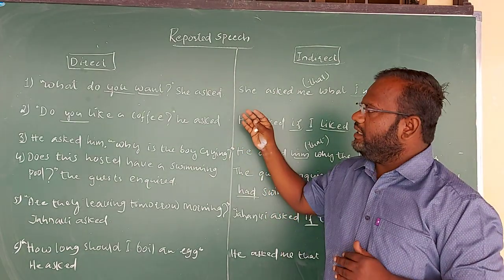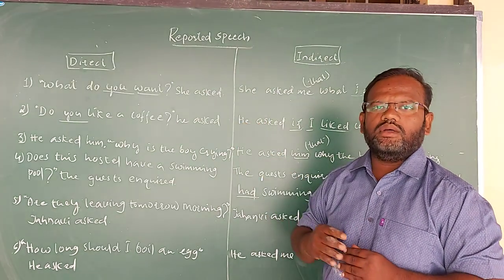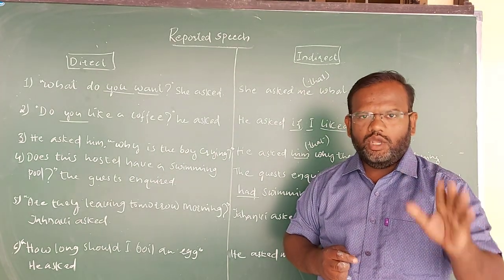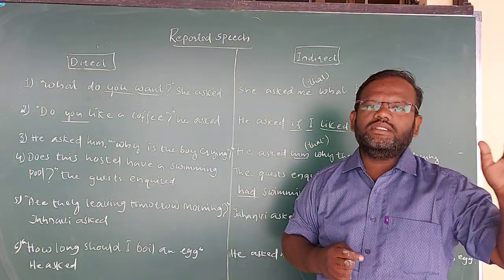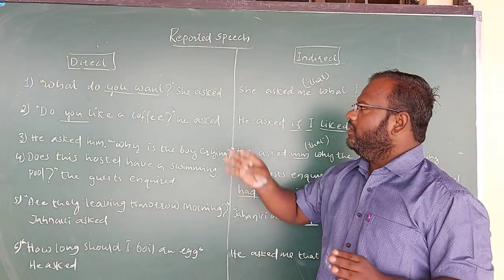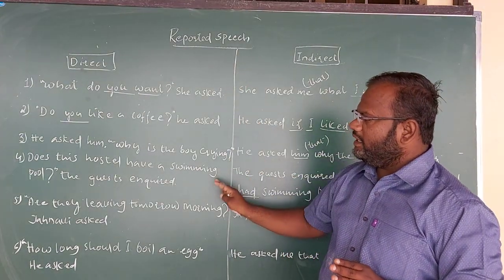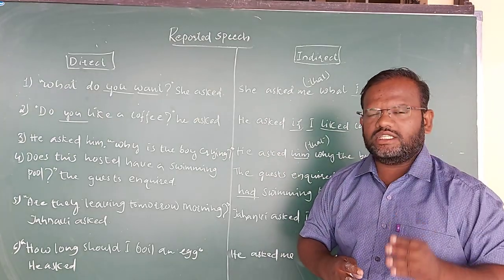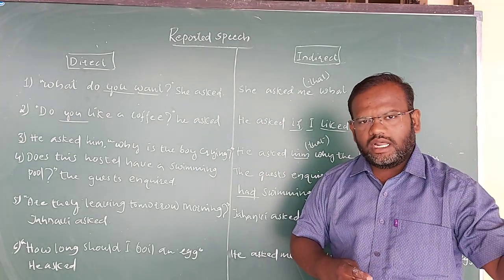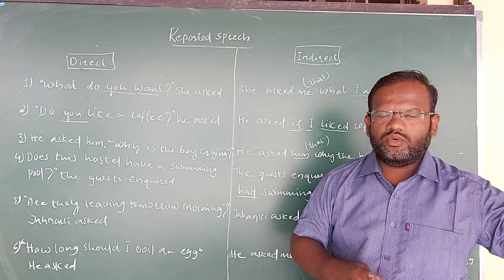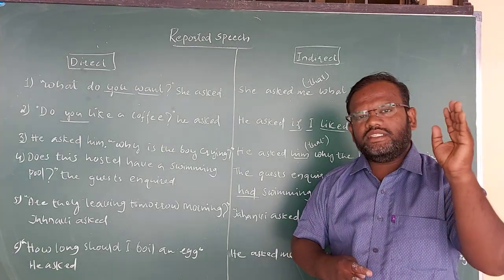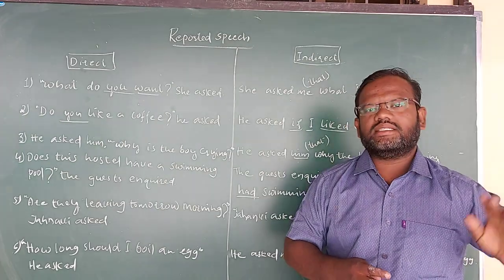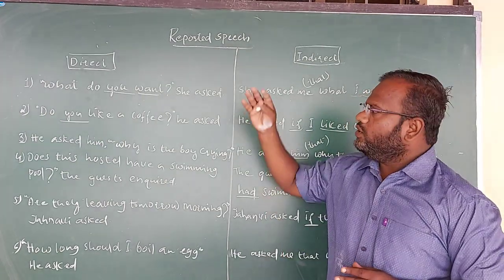My dear children, in today's class we are going to concentrate on certain examples related to interrogative. From direct speech of interrogative to indirect speech of interrogative, we will try to change. In tomorrow's class we will concentrate on examples which are time-based.